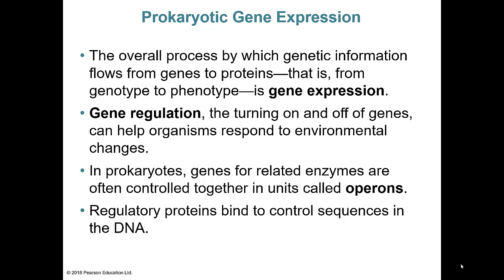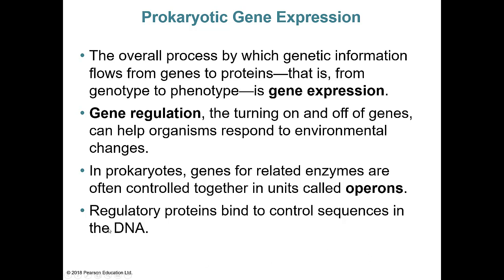And then we need to do something else with these monosaccharides. So let's say we need 3 different enzymes to effectively do this. What we often find is that those 3 enzymes that are required to perform that one function will be located next to one another in our genome, so that when we flip that light switch on for one gene, it's on for all 3. Because it wouldn't make a whole lot of sense to turn on one of those and not the others, because we need all 3 together.